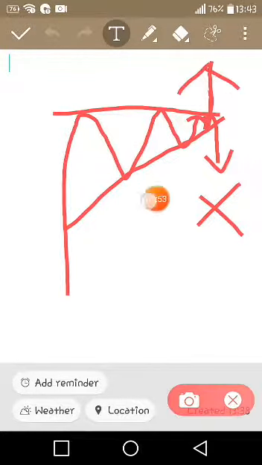Do you know why? This is an ascending triangle, this is a clear uptrend. So if you are trading an uptrend and it breaks down below and you trade a sell, it is going to retrace back. So the best way to trade an ascending triangle is to take a buy. You can note these few things so that at least it will enhance your trading.